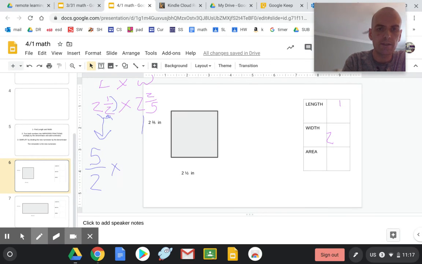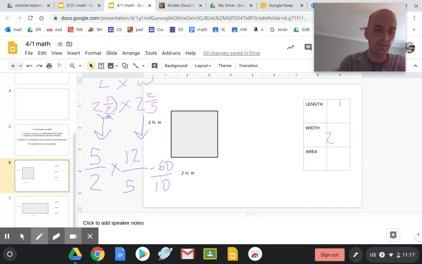And this is 2 times 5 is 10, plus 2 is 12. So it's 12/5. So that's our new problem. 5/2 times 12/5. So 5 times 12 is 60. 2 times 5 is 10.